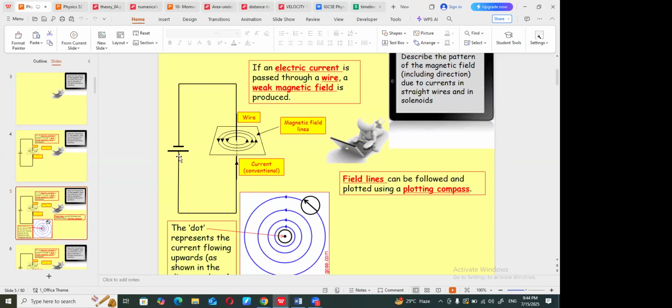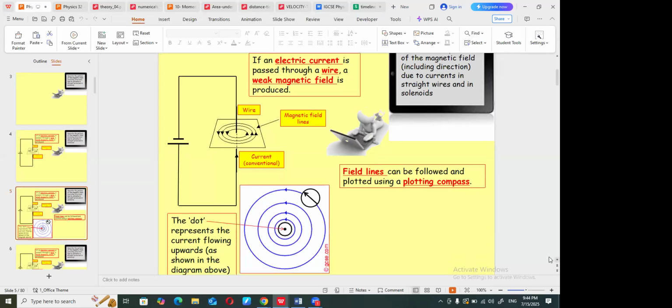Once the current is coming in the upward direction, from here to here, the magnetic field will be in the anti-clockwise direction. If the current direction is opposite, the magnetic field will be clockwise. The circles are showing that.